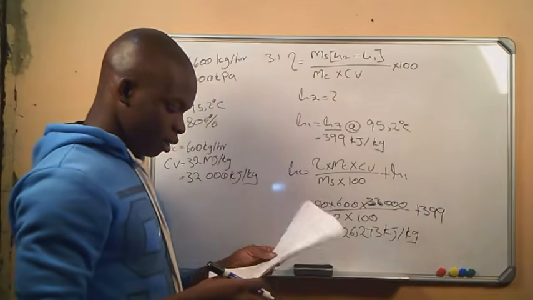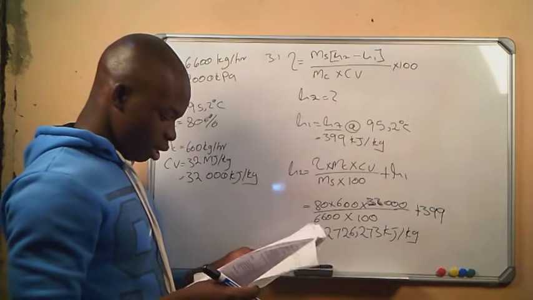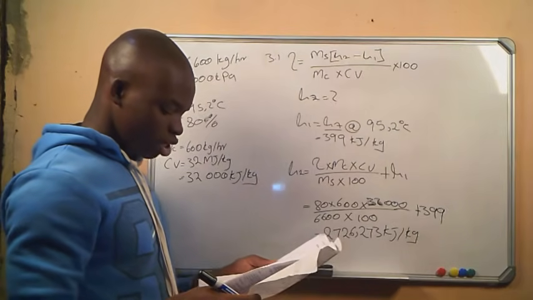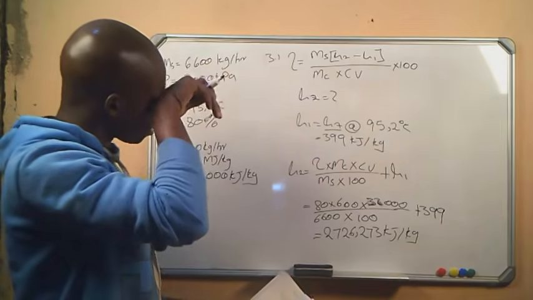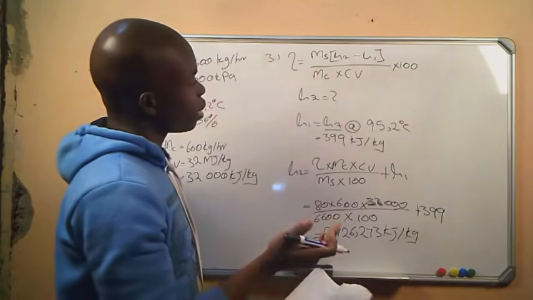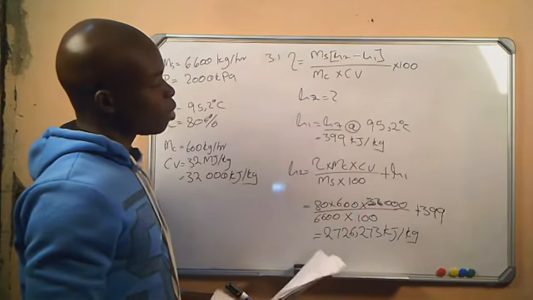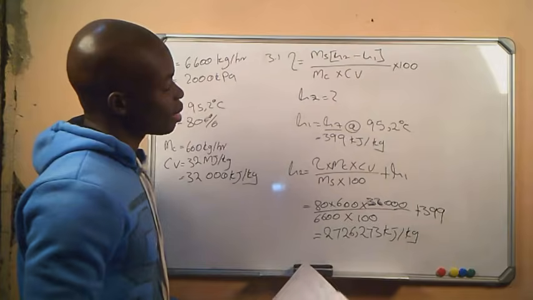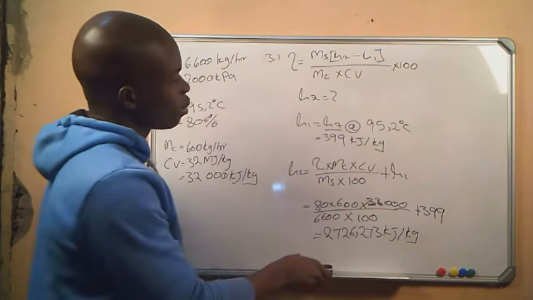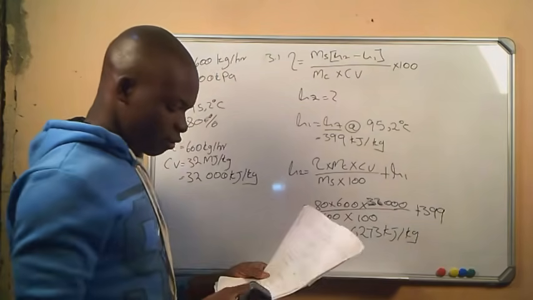We are done. The second question, they say calculate the dryness fraction of steam produced. By looking at this question, we can tell that the steam produced here is wet steam. Hence they are saying that we must calculate the dryness fraction.